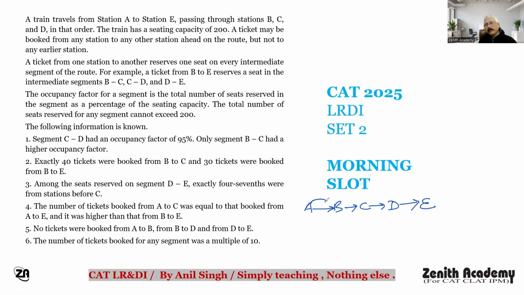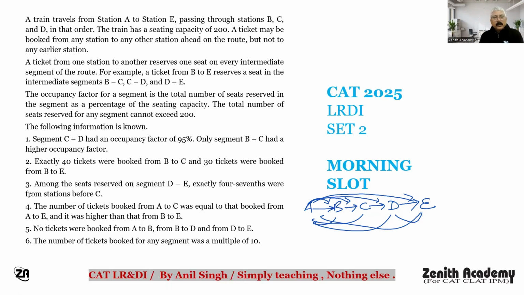Means A to B you can book a ticket, A to C you can book the ticket, A to D you can book, A to E. But in reverse order, B to A or C to A or D to A or E to D, this is not the case here. In the reverse direction you cannot reserve a seat. This is the basic idea.